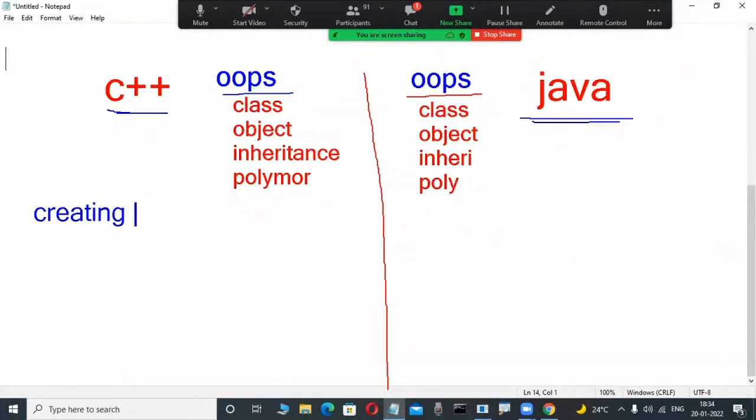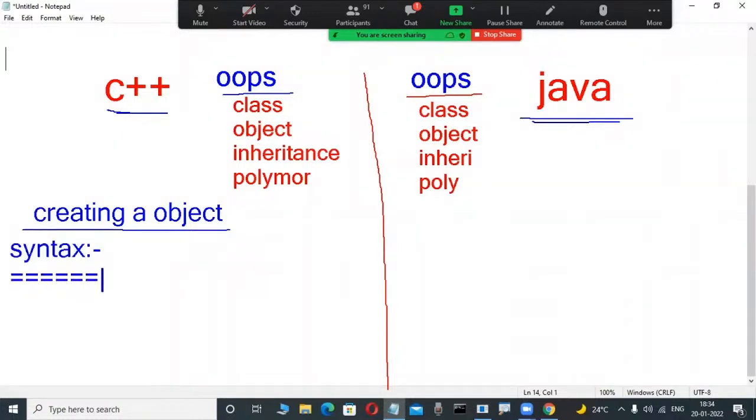Observe the syntax here. What is the syntax in C++? Class name, space, object name. This is the syntax to create an object from the class in C++.